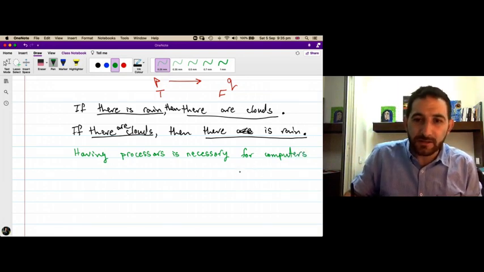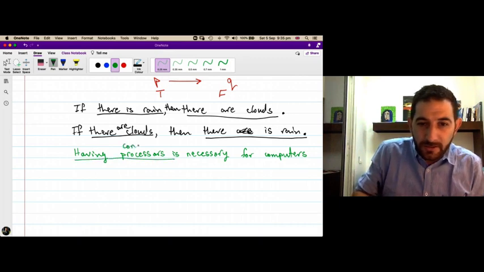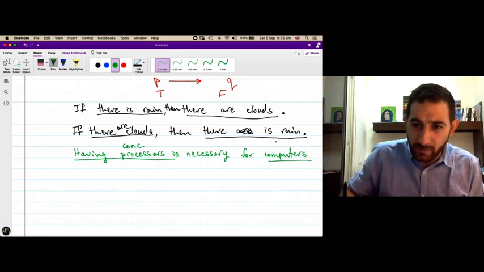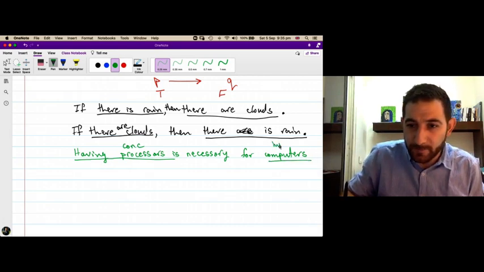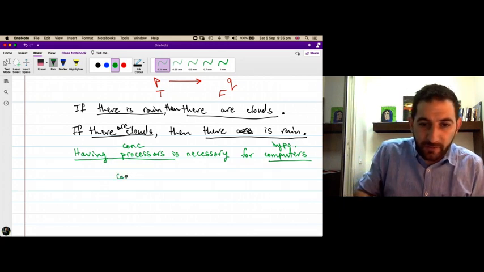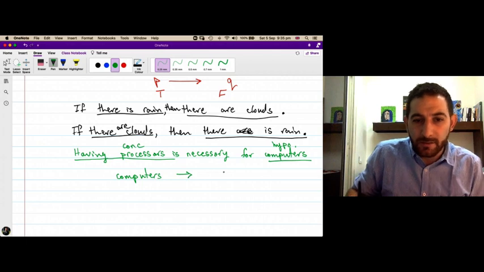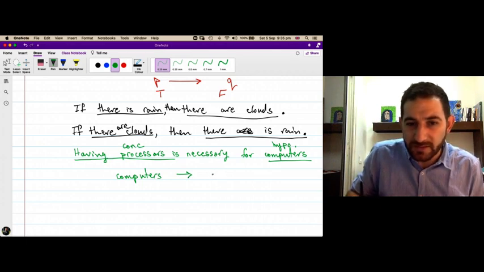This is a conditional statement. What is the hypothesis and what is the conclusion? Here you need to see that processors is the conclusion, and manufacturing computers is the hypothesis. This means that if you are manufacturing computers, then we have processors.